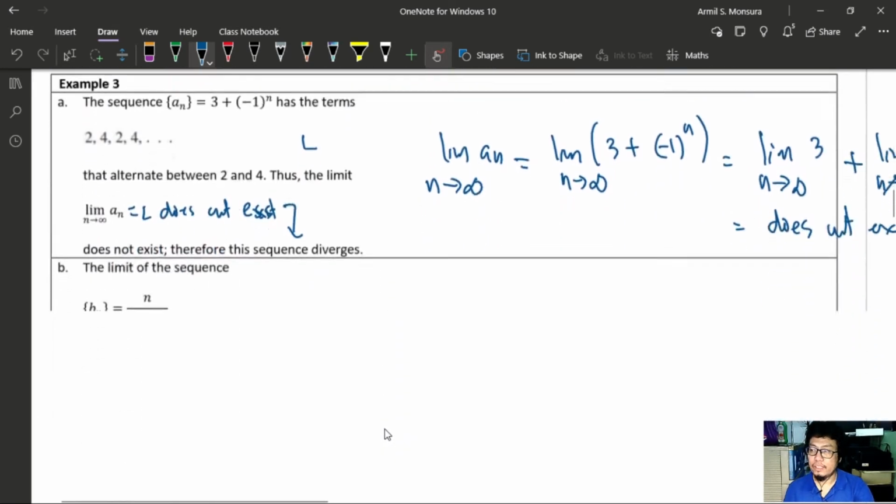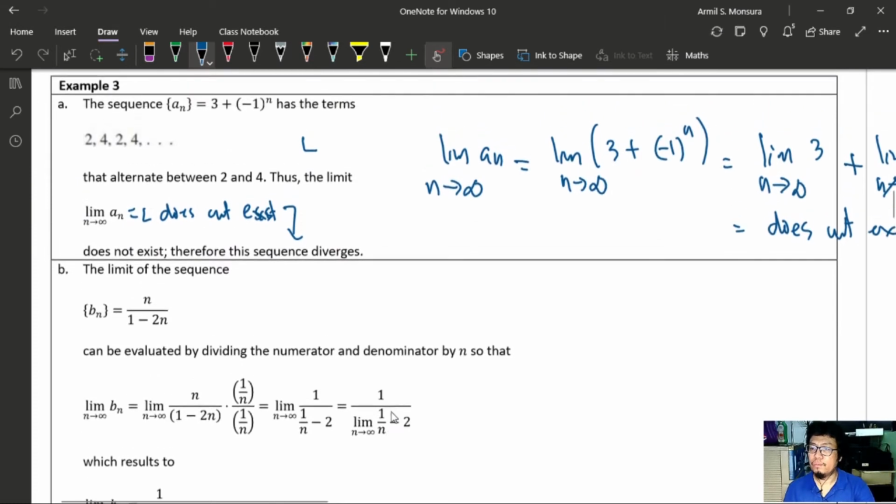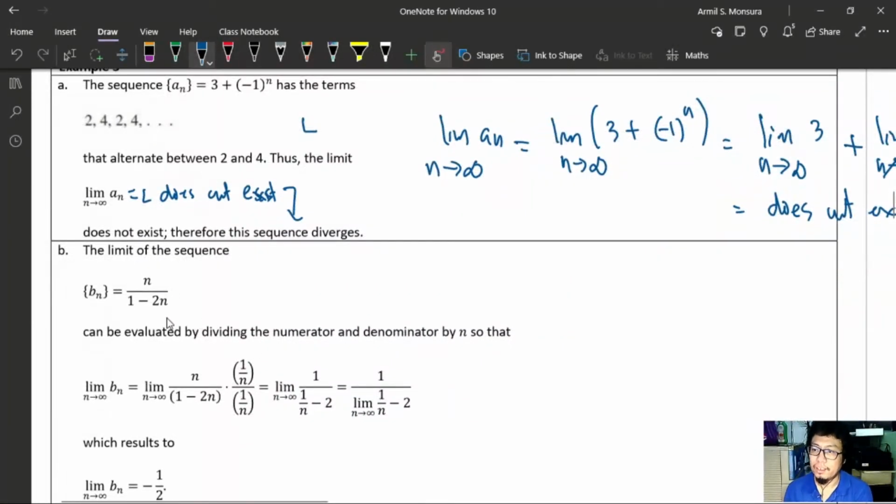For letter B, we can evaluate this limit by again not going through the whole thing of theorem 1, but simply jumping through, thinking about theorem 1.